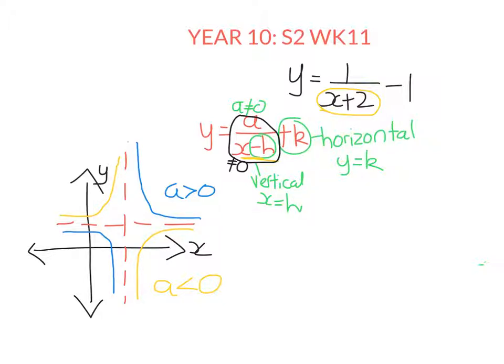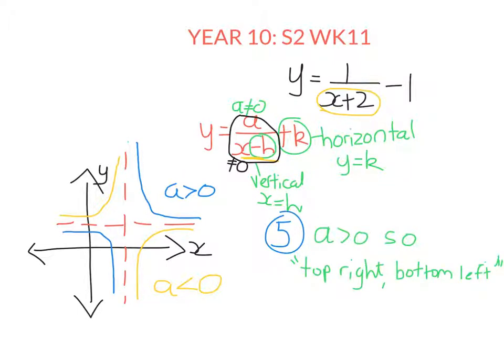So what that means for our original graph up here, because a, the number on top of the fraction, is 1, which is positive, it means that when I graph it, it'll look like this blue graph here. So the answer to question 5, is it top right, bottom left, or top left, bottom right? Because a is positive, it's top right, bottom left.